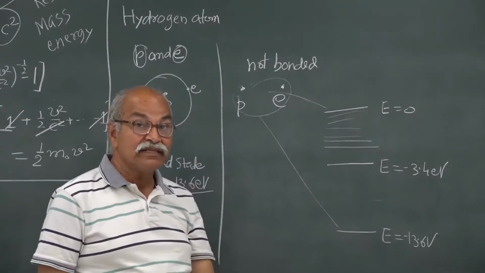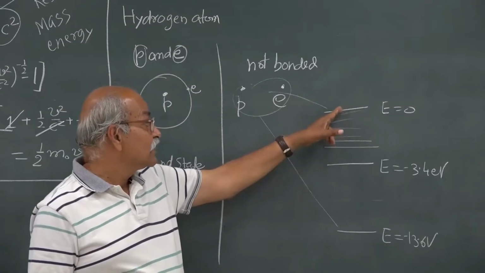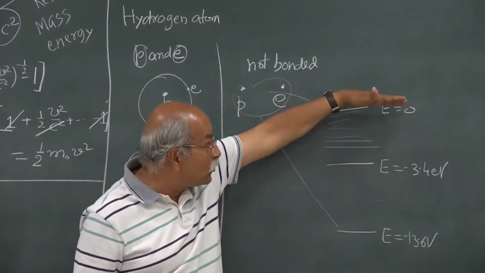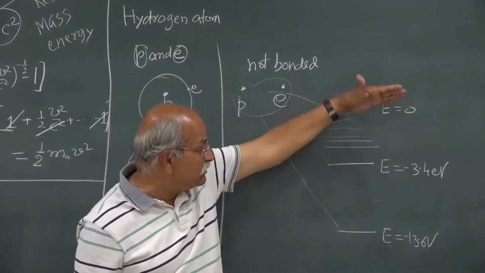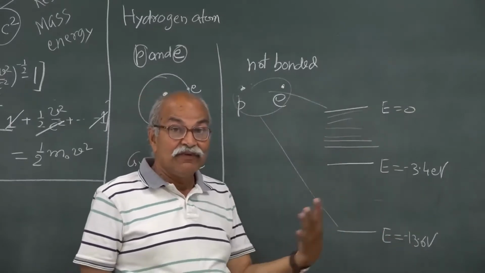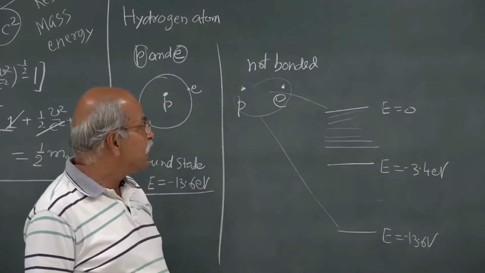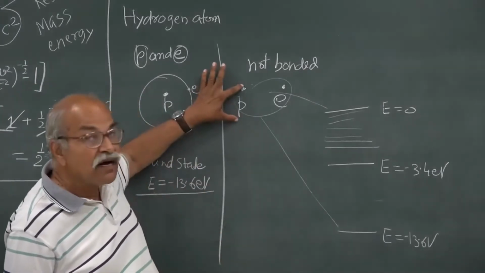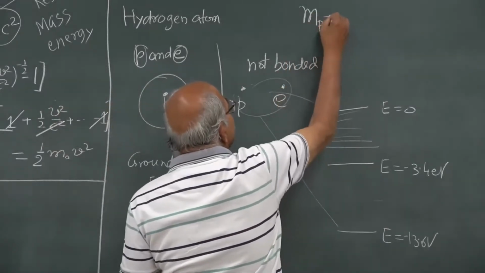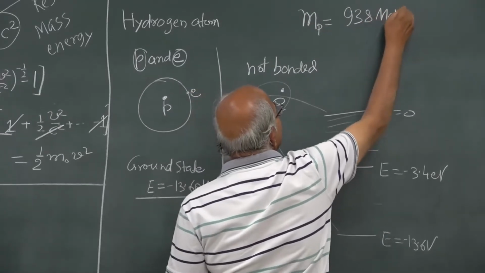The rest mass energy of this combination is not 0. We say that if I call this as E equal to 0, then this is minus 13.6 eV. But when we consider these equations, the relativistic phenomena, we will say that the proton had some rest mass, right? The proton had some rest mass, which is about 938 MeV by c square.